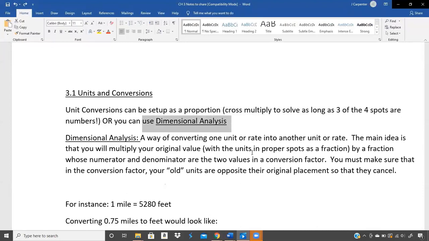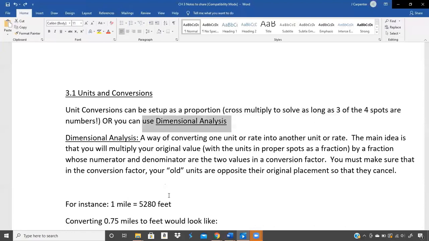Proportions are great when you're just converting from one thing to another where you know exactly the conversion factor. So if I want to go from miles to feet, doing a proportion is not bad because I know exactly how many miles is exactly how many feet. But if I wanted to go from, say, feet to kilometers, that's not a very common number to see in just a general table. Sure, you can Google it, but that's not the point.